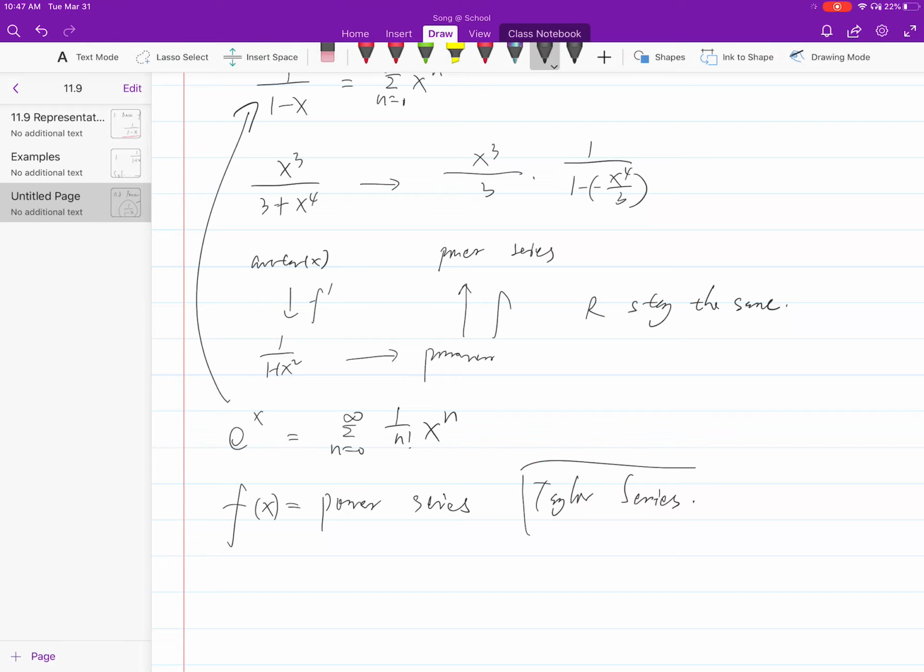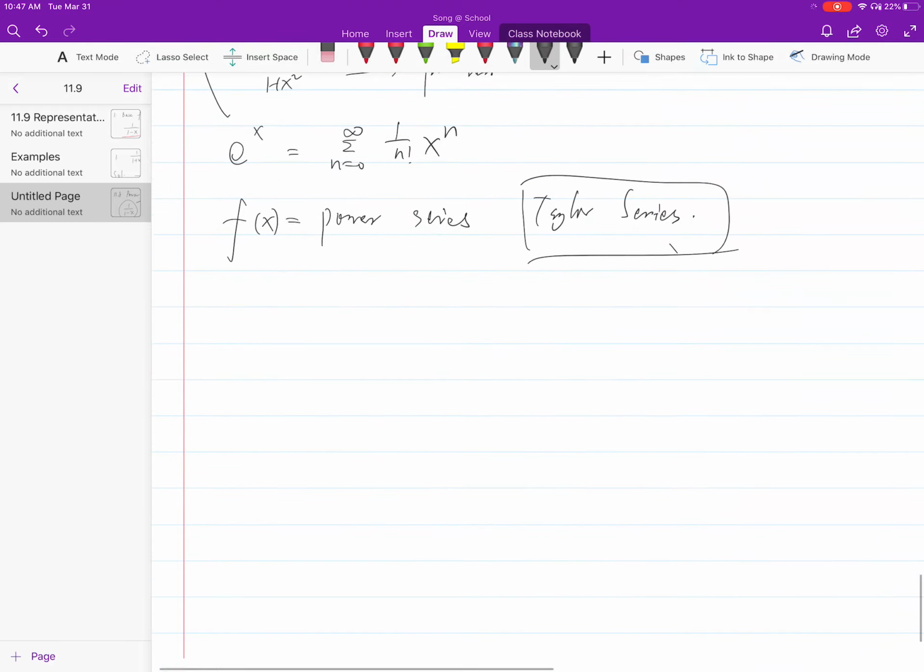Okay, one of the most important ideas in calculus. After that, any function, you can locally write it to be a power series, which is a polynomial. Then everything about that function becomes easy because number one, polynomial is easy. Number two, you can always stop after finite terms and say it is a good approximation. Okay, that's all for today.